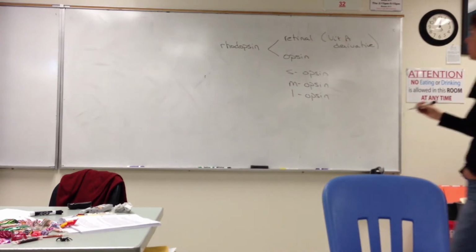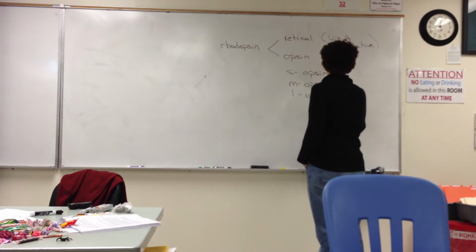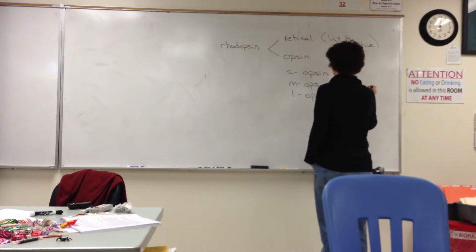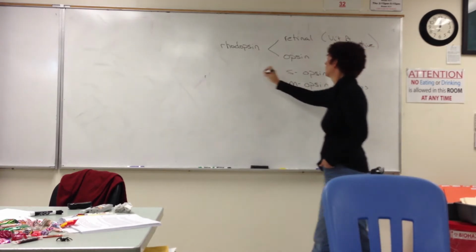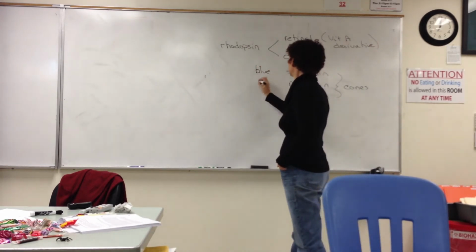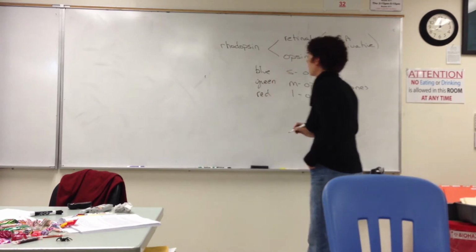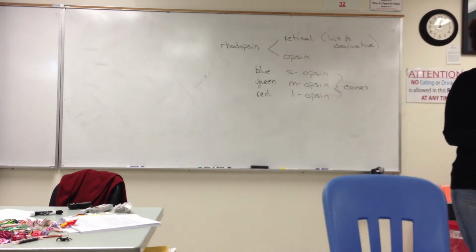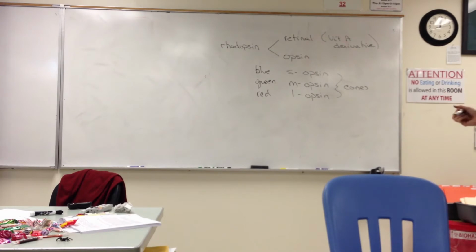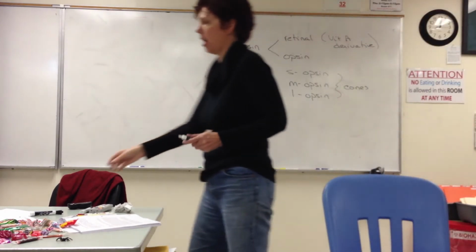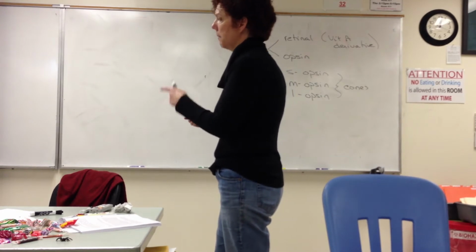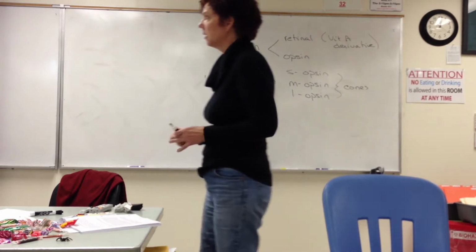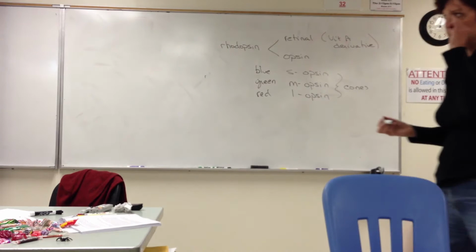And so these are going to be for the cones: blue, green, and red. When we talk about the actual physiology of opsin, however, we're going to focus on the rods. I'll come back to the color blindness in a moment.